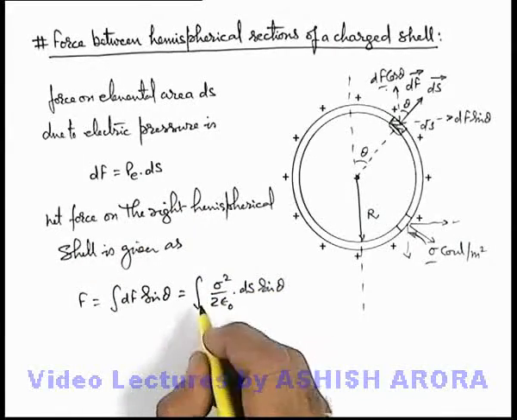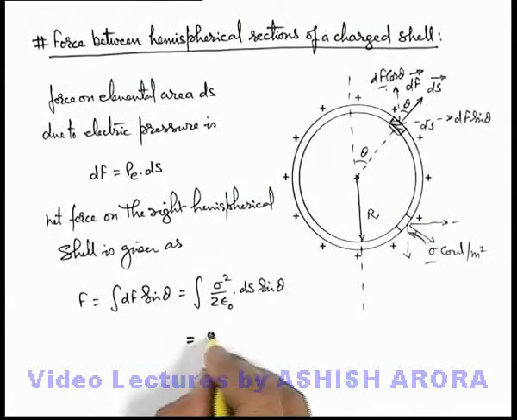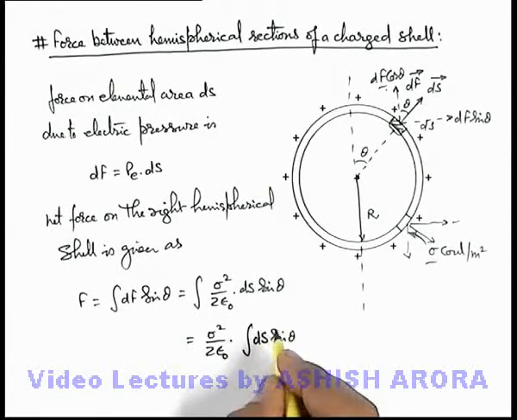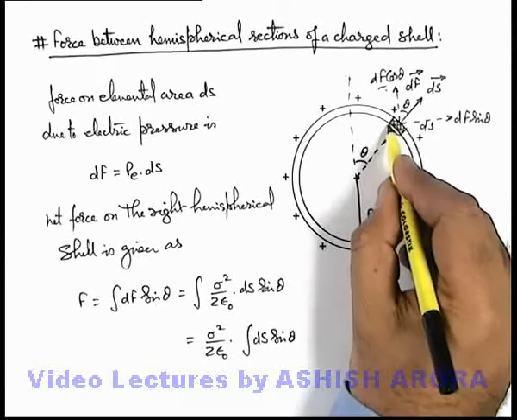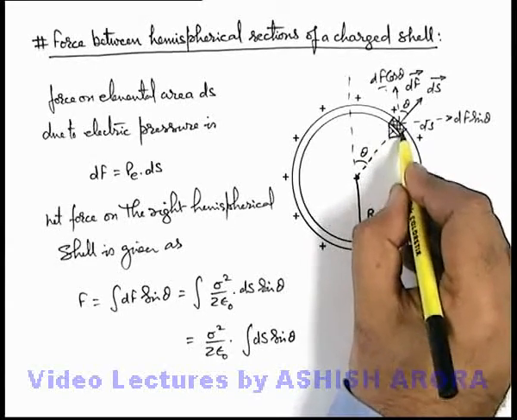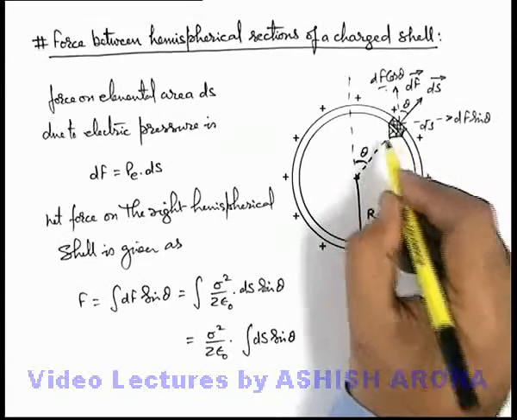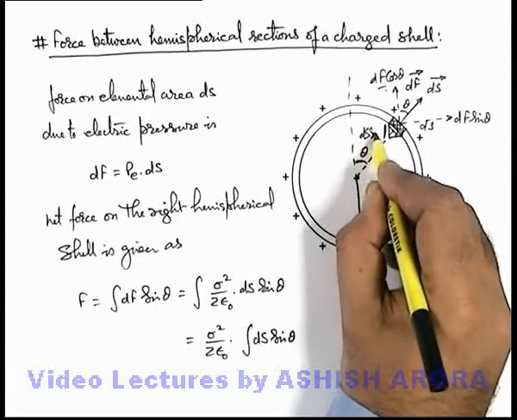And if we integrate it for the whole hemisphere, here sigma is a constant, so this can be written as sigma square by 2 epsilon naught multiplied by integration of ds sin theta. Now here, if this is the small segment area ds, if the area is divided into perpendicular components, if this angle is theta, here this will be theta, and this small section will be ds sin theta.